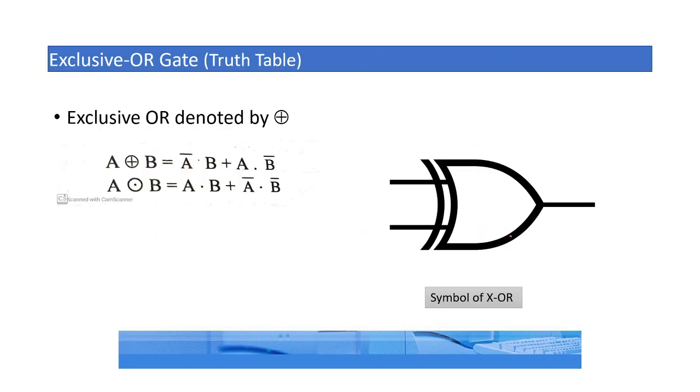Next is the exclusive OR gate. The exclusive OR gate is denoted by the symbol, a plus encircled, and the logic symbol of this gate is shown here.